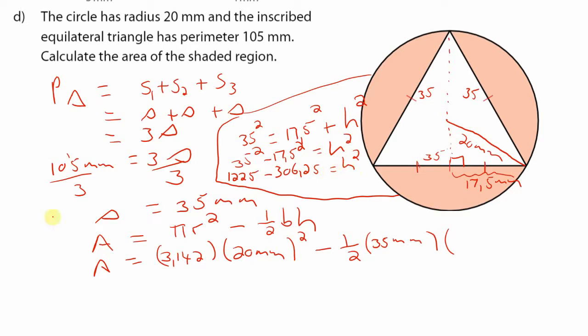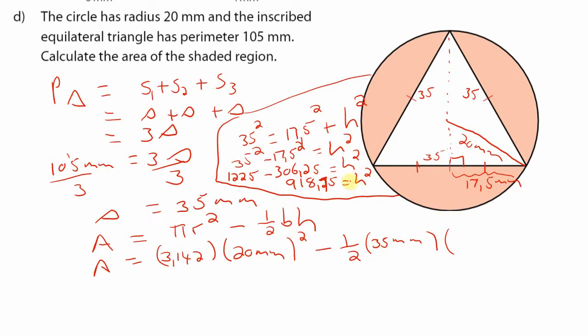So now we can subtract. We subtract 306,25 from 1225, which results in 918,75, sorry. So that is equal to the height squared.